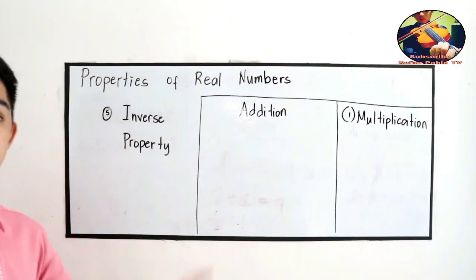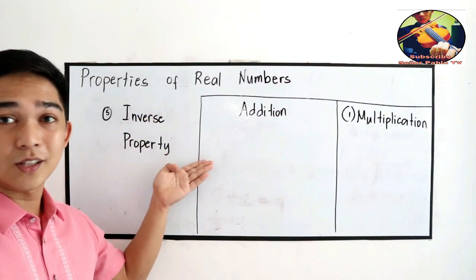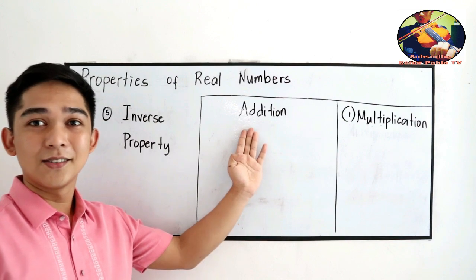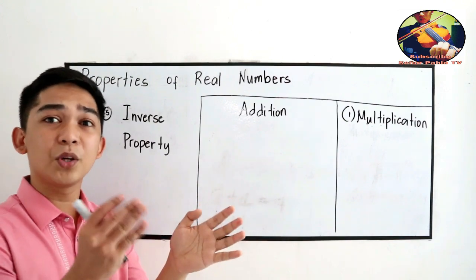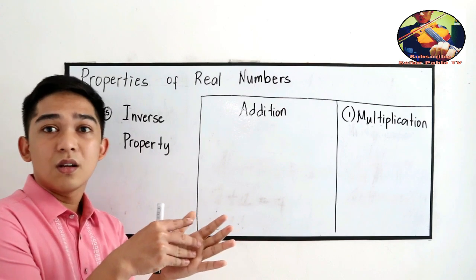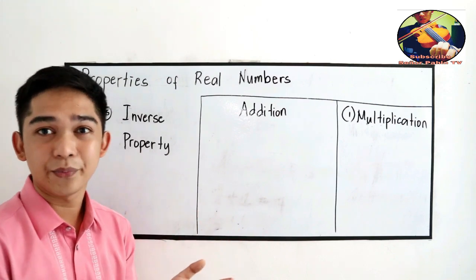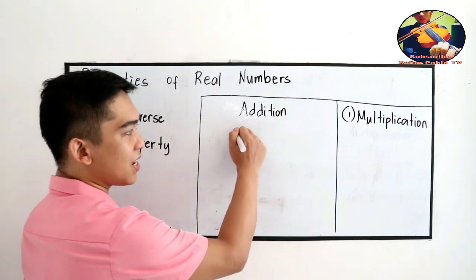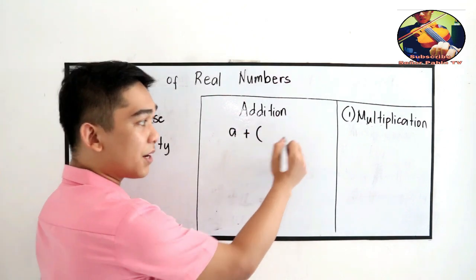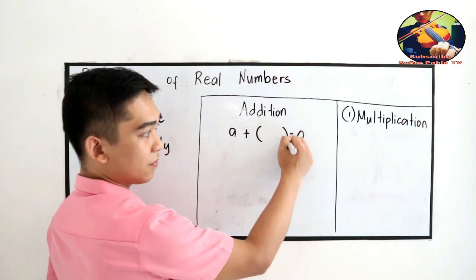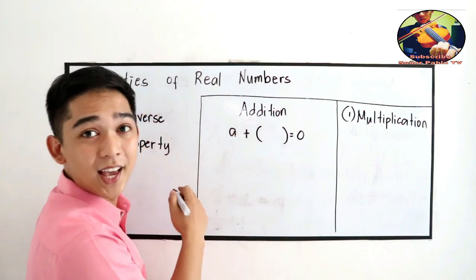Next property is the inverse property. Start tayo kay addition. So dito sa inverse property, ano yung i-add mo dun sa number na iyon na ang sum dapat ay 0? So let's say A, anong i-add natin kay A para maging 0? Siyempre, yung opposite niya.